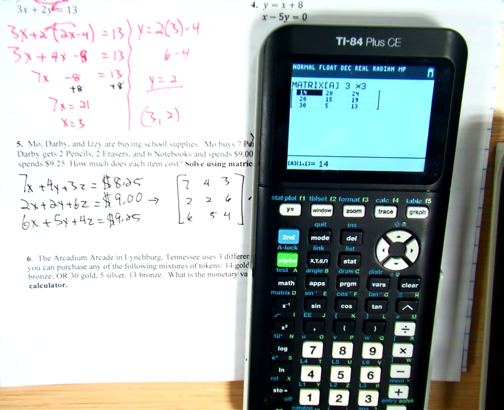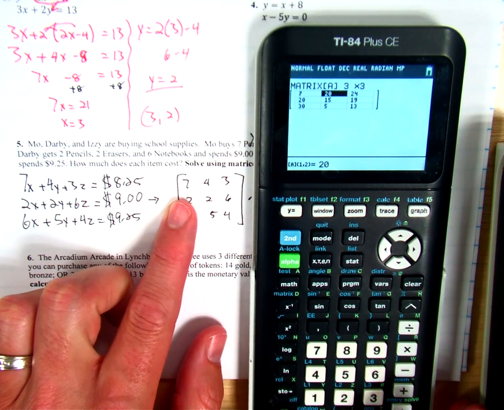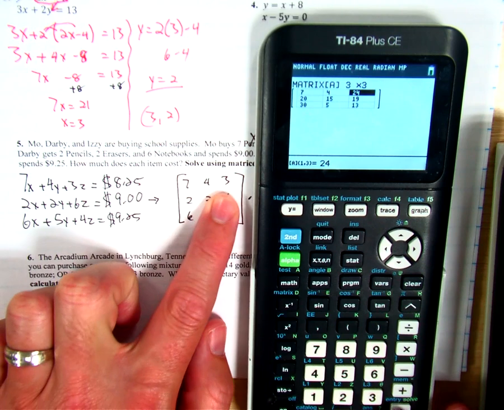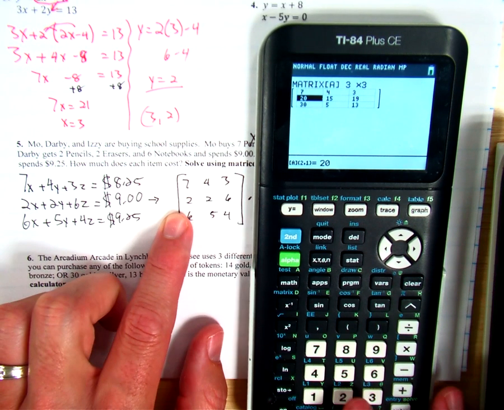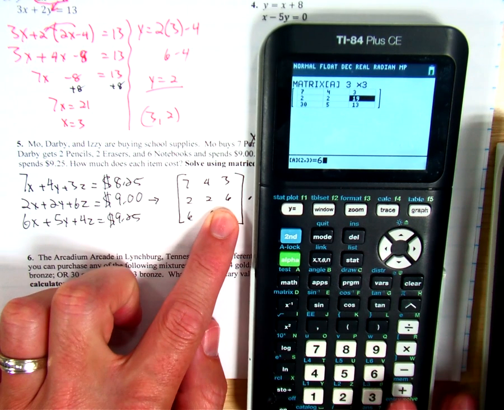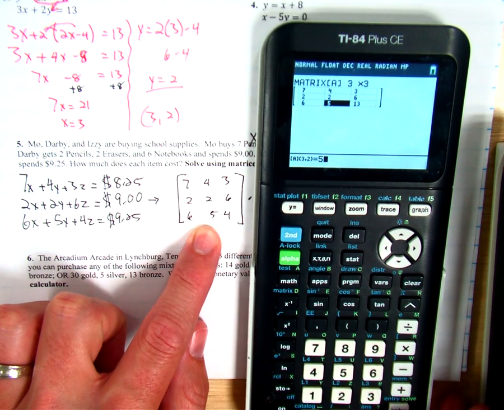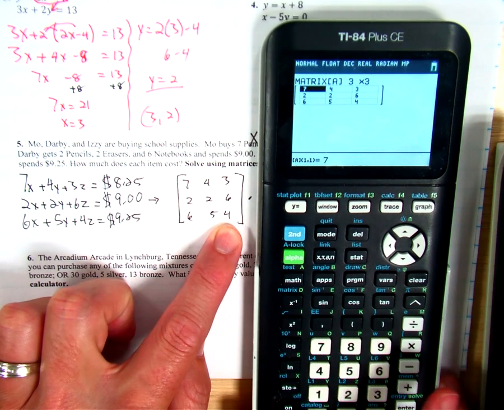We're going to type them in. So 7, enter. 4, enter. 3, enter. 2, enter. 2, enter. 6, enter. 6, enter. 5, enter. 4.